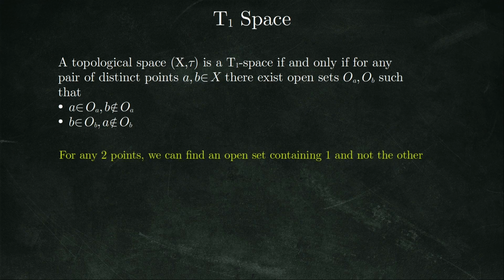In other words, for any 2 points, we can find an open set containing one of the points that doesn't include the other point. And note that these two sets, OA and OB, can overlap. They can intersect each other. They just have to not include B and A, respectively.